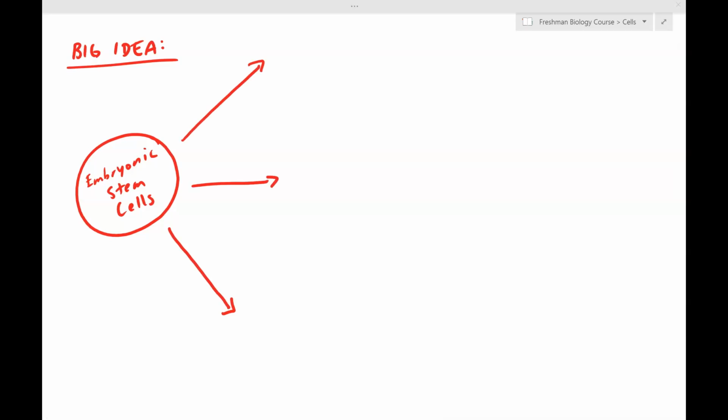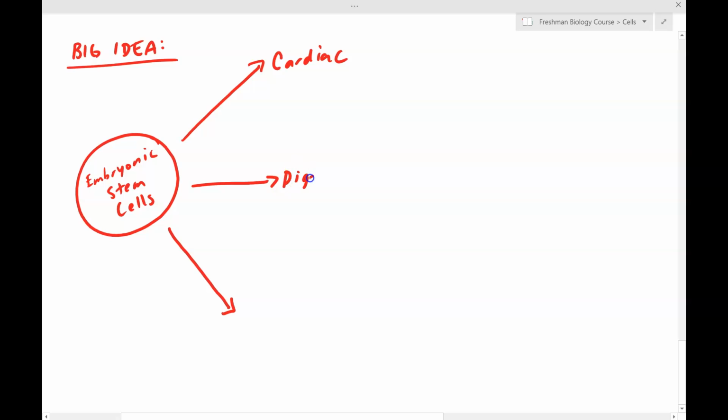So these embryonic stem cells, they can differentiate into a bunch of other different types of cells. For example, heart cells would be cardiac cells. So the embryonic stem cell is going to be in the embryo of a new animal. Okay, and those individual embryonic cells are going to differentiate into all of the different cell types that make up an organism. So we have cardiac cells.